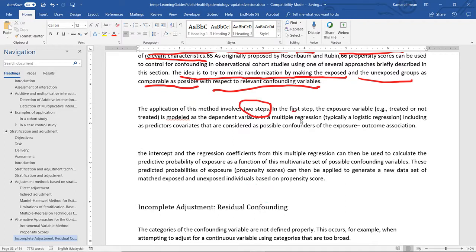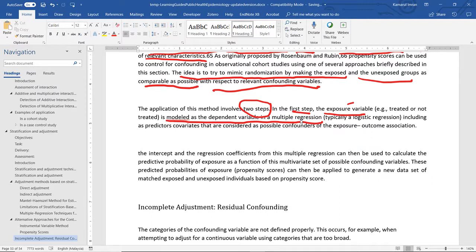Number 1, the exposure variable is modeled as the dependent variable in multiple regression. This is the exposure variable, or the primary variable, or the variable of interest.